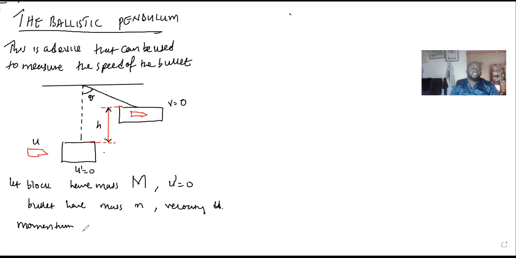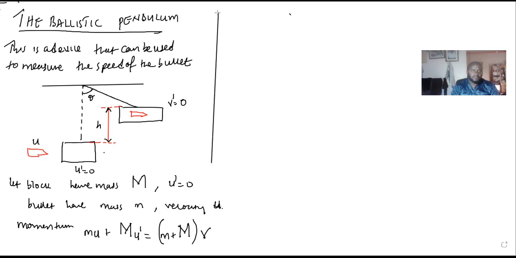So momentum conservation, the bullet initially had momentum mu plus the block, which is capital M, having initial velocity u prime. Because of momentum conservation, which is inelastic, because they get stuck together, we shall have small m plus capital M. Immediately after collision, they move with a common velocity v.